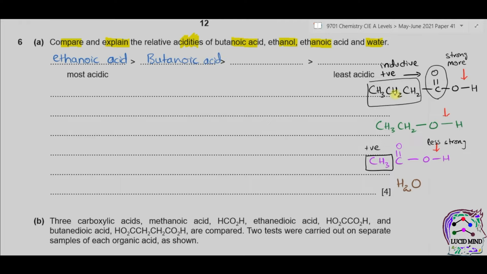And butanoic acid is more acidic as compared to alcohol because there is positive inductive effect of the alkyl groups and it strengthens this OH bond. In the last one we have water, which is neutral.